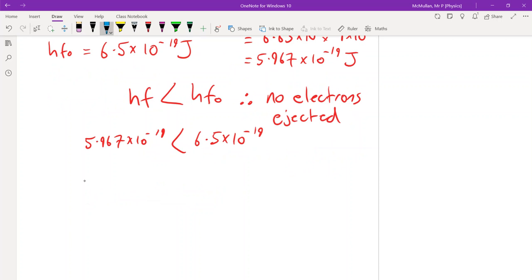So photon energy is less than, we'll call it the work function.